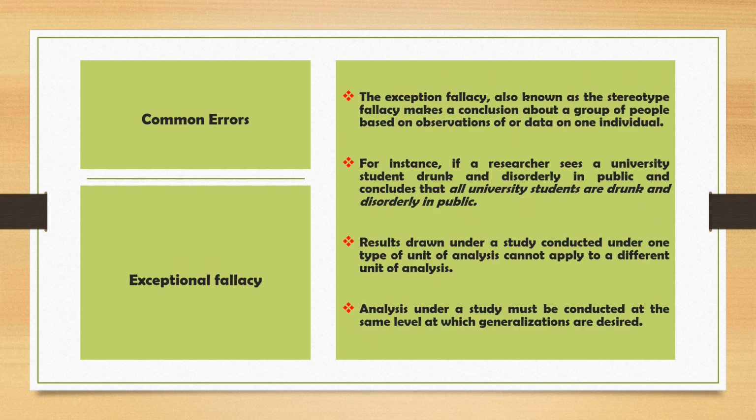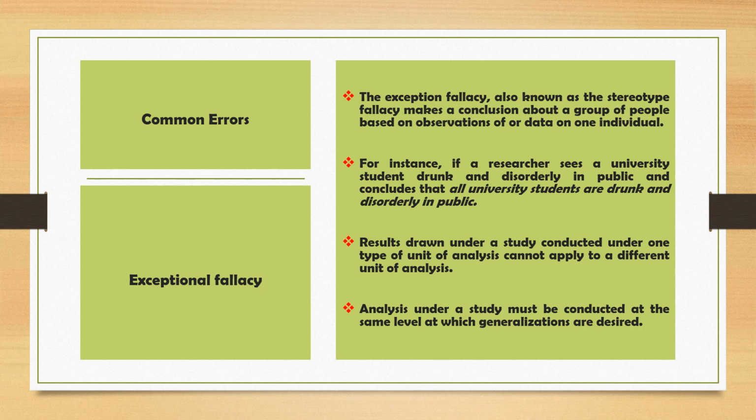The other type, which in our case is the last form of error that researchers often commit with regard to unit of analysis, is called exception fallacy. The exception fallacy is also known as the stereotype fallacy, and relates to making conclusions about a group of people based on observations or data on one individual.